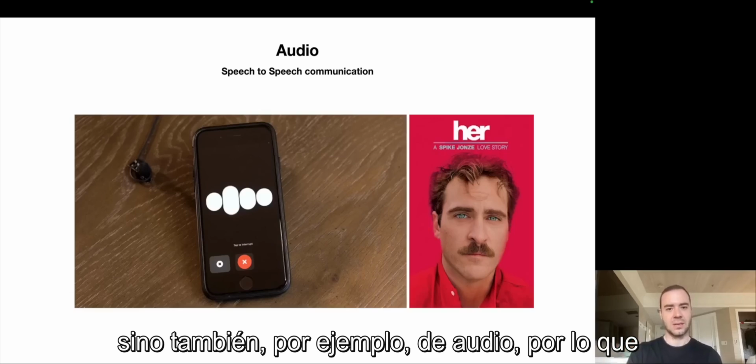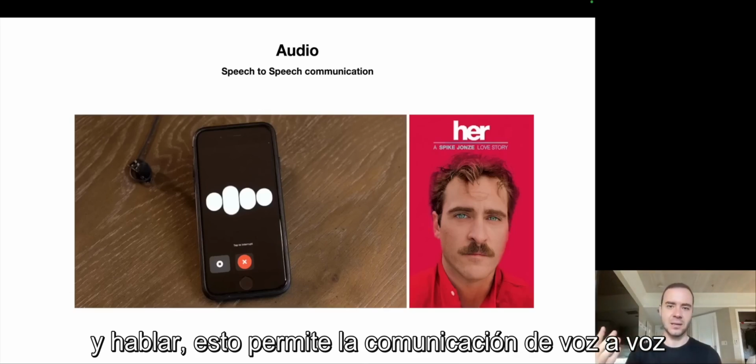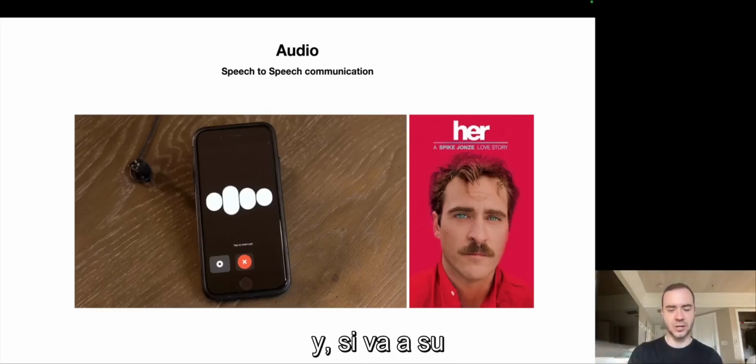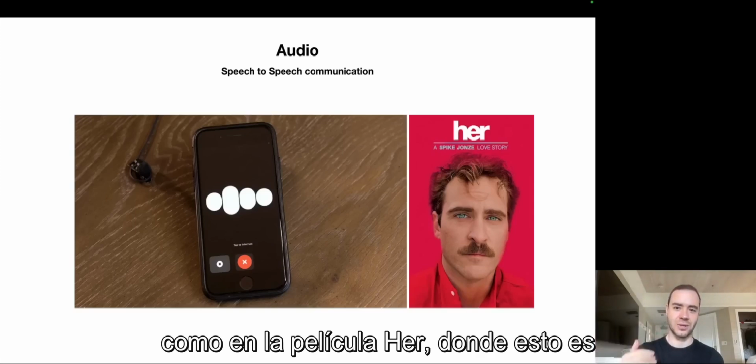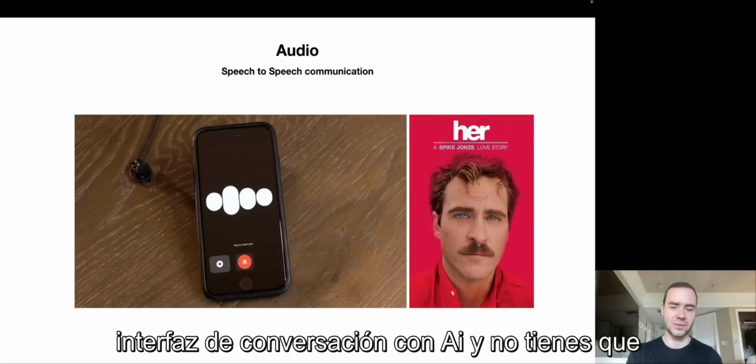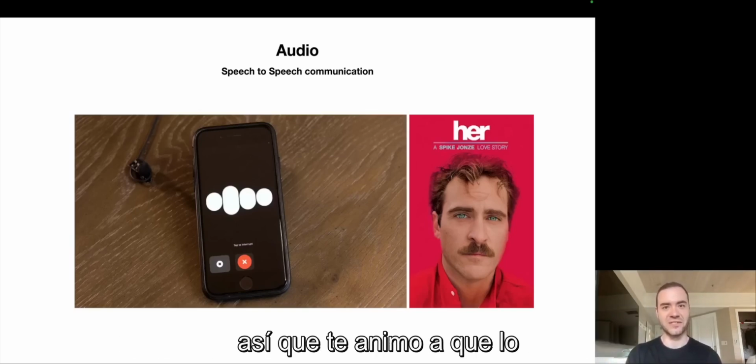ChatGPT can now both hear and speak. This allows speech-to-speech communication. If you go to your iOS app, you can enter a mode where you can talk to ChatGPT just like in the movie Her, where this is a conversational interface to AI, and you don't have to type anything, and it just speaks back to you. It's quite magical and a really weird feeling. So I encourage you to try it out.